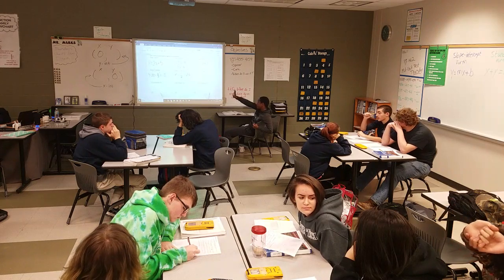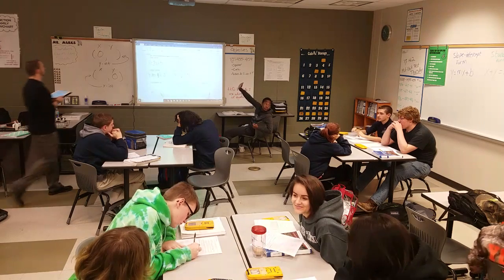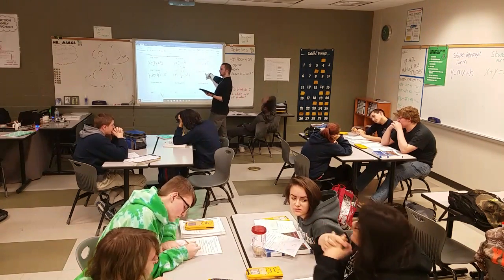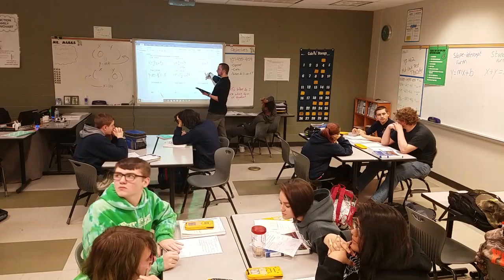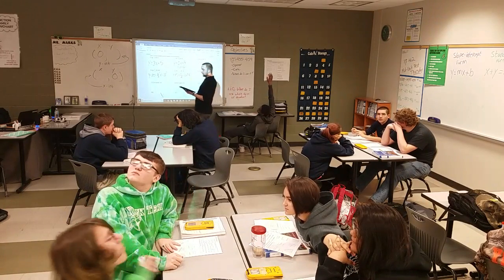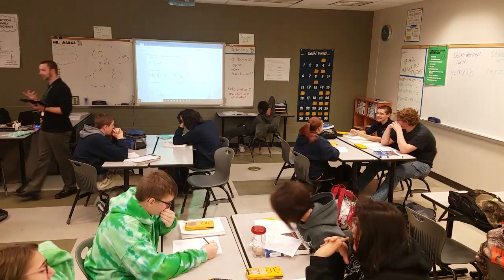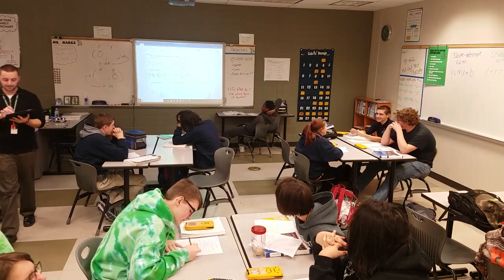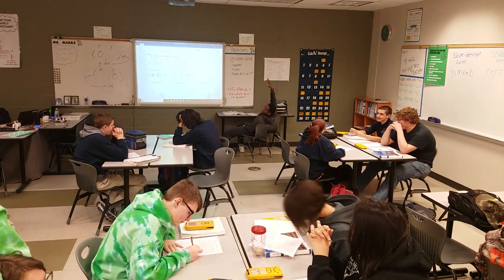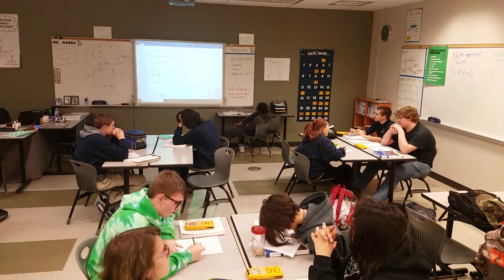What do we call that 8 comma -5? What is this? Starts with a P and ends with a T. Point. Just a point, right? You don't know what it actually represents, but it's a point. So I have a slope and I have a point. So which form am I going to use? Kirk? Point slope form.